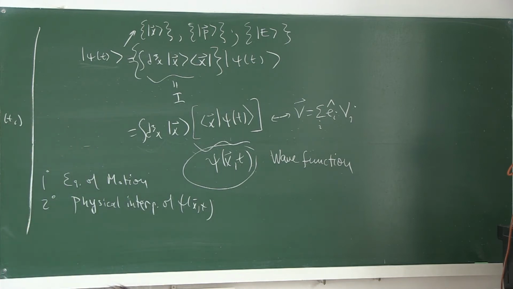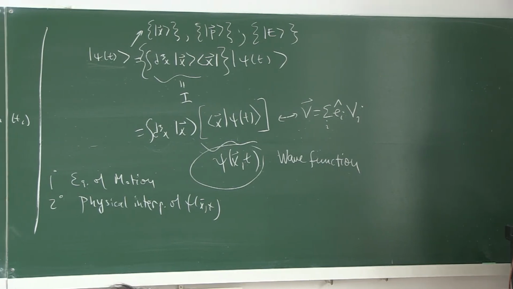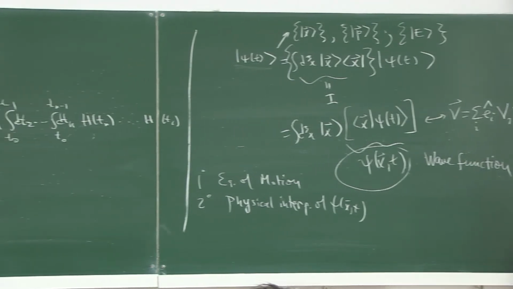Okay, let's pick them up one by one, and let's bring up the old information that you are probably more familiar with in this context. So let's address the issue of the equation of motion.